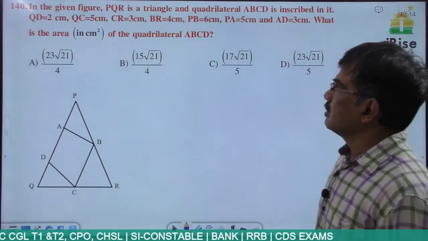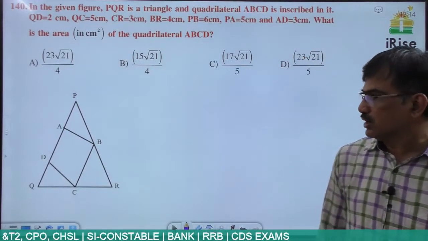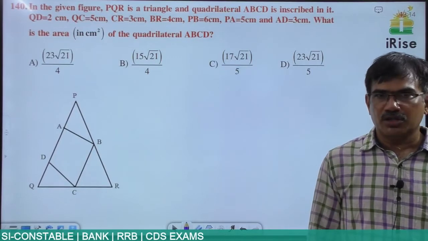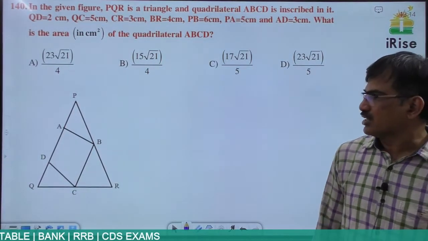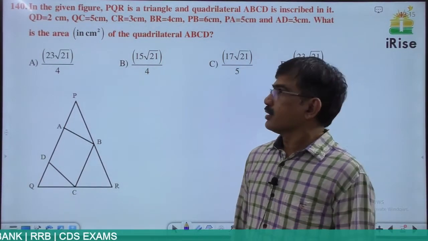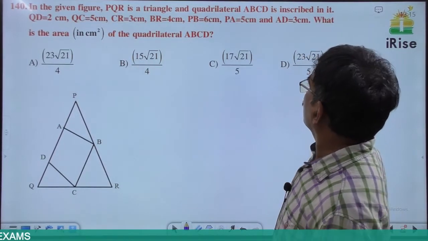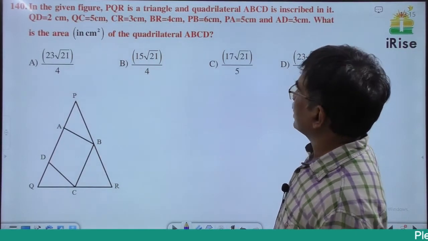So this is also the same as the previous question. This question was actually given in an examination, type 2. In the given figure, PQR is a triangle and quadrilateral ABCD is inscribed in it.